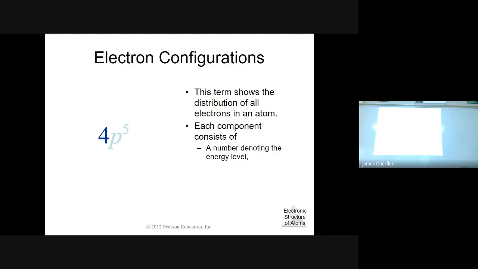What electron configurations show us is the distribution of electrons in individual atoms of elements.